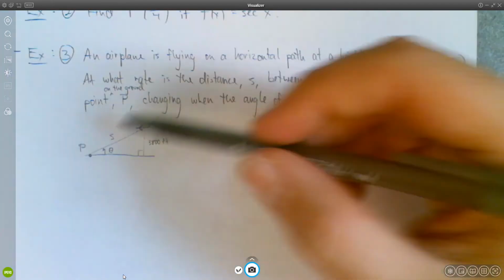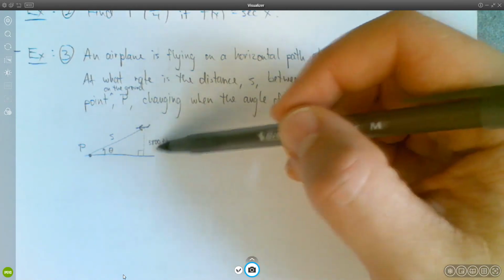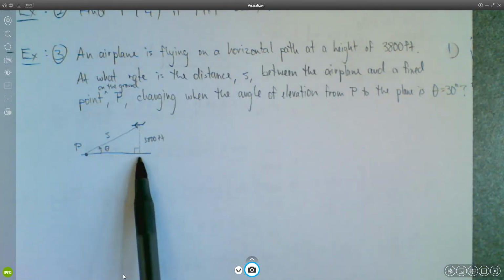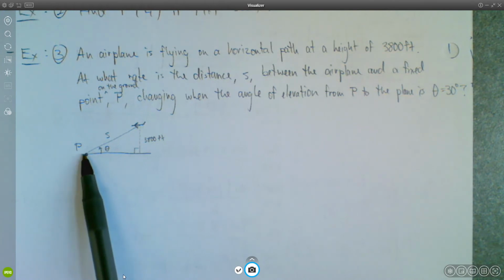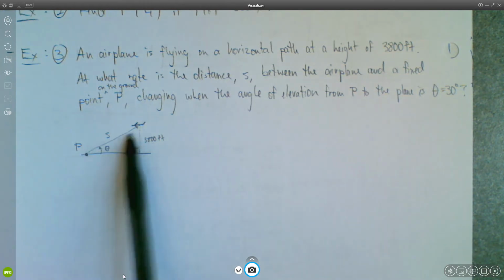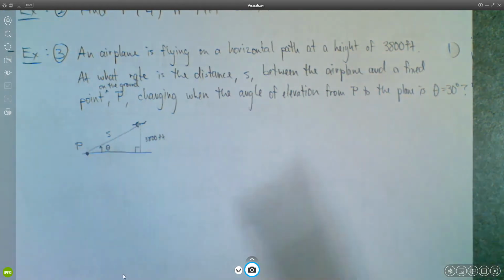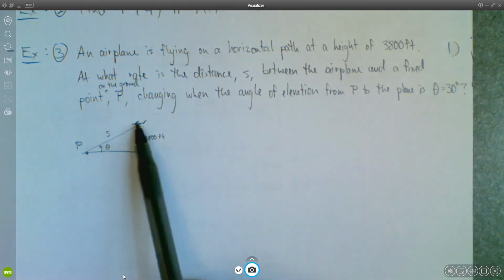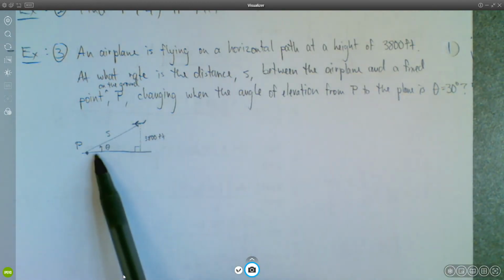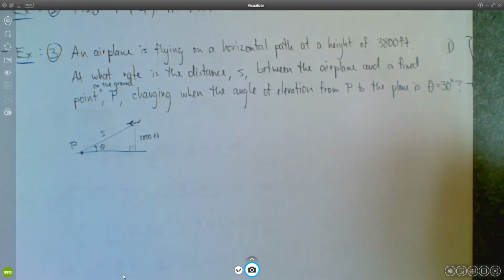So in other words, we've got this plane, it's traveling 3,800 feet above the ground. We've got some point on the ground, and then s is the distance from this point to the plane. And we want to know how quickly is that distance changing when the angle here is 30 degrees.